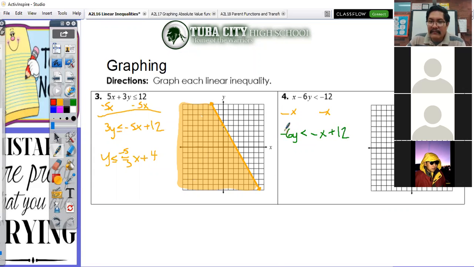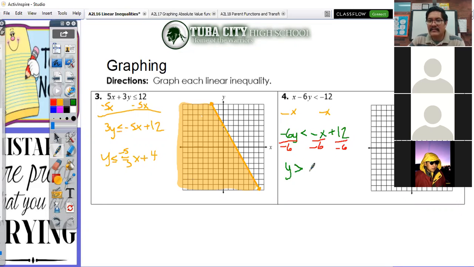Now I'm going to need to get rid of this negative 6. And again, this is the thing you have to watch out for, not worry about it. Don't get stressed about it, but be vigilant for this one, because that was one of the rules. If you multiply or divide everything by a negative, then you also have to flip this inequality sign.